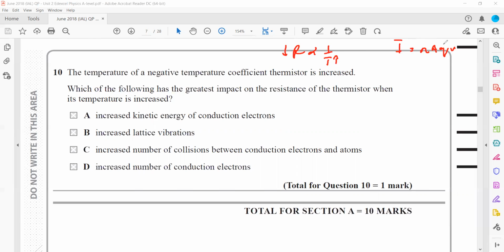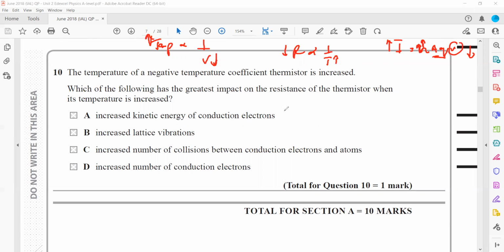For semiconductors, A and q are constant. What is the relation between drift speed and temperature? They are inverse. If temperature increases, the drift speed decreases. So here drift speed is decreasing, but why does the current increase? Because the number of charge carriers increases.